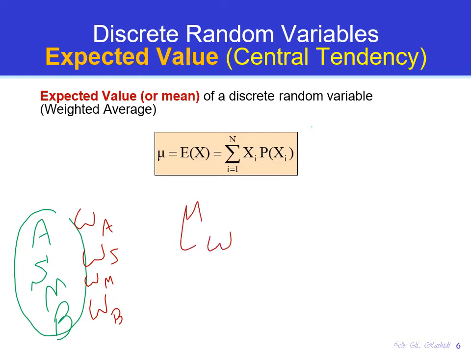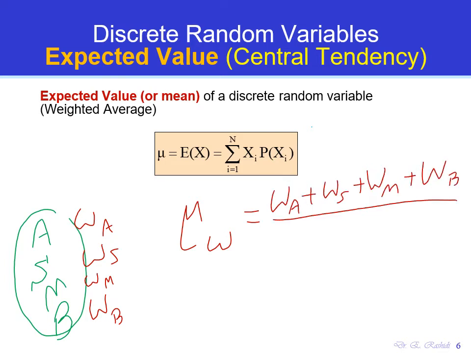Average weight, mu of W. What we do is we just add these up, W of Alex plus W of Sarah plus W of Margaret plus weight of Bob, divided by 4 because we have 4 students.